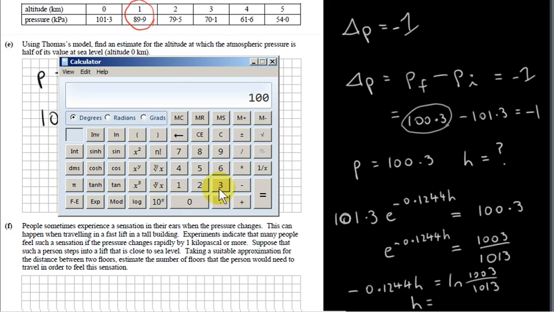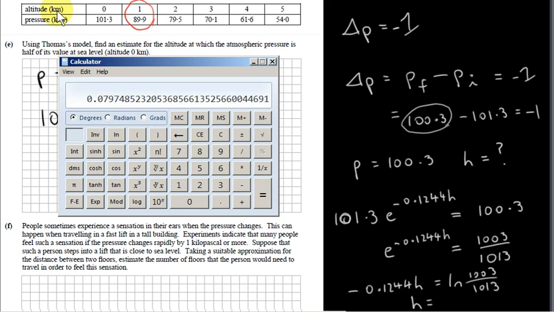So we have 1003 divided by 1013. We take the ln of this, and we divide it by minus 0.1244. This gives us the height in kilometers.